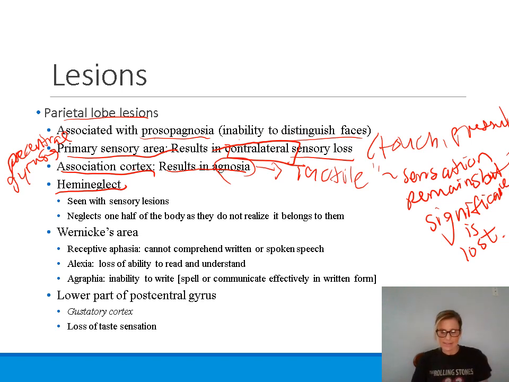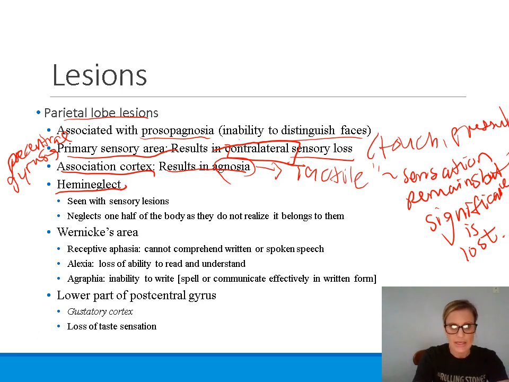The person doesn't sense half of their body. They don't have that feeling of the body there. So they don't do anything to it. They don't pay attention to that half of the body. They don't take care of that half of the body. The one half of the body ends up just being neglected because there's not a sensation that it's there.